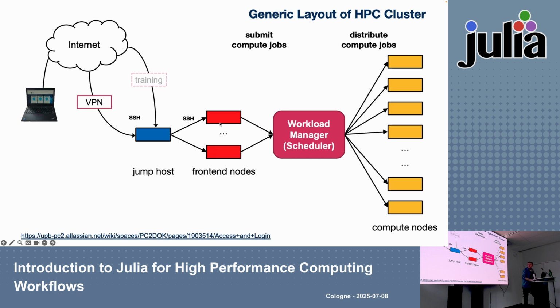And then you can prepare your job, specify your job script, and then talk to the scheduler to say, okay, this is what I want to have executed, and the scheduler will make sure of the execution. And when it's done, you will see the results in the folder where you started it. It will create some log files, and you can write your result values into an output file.